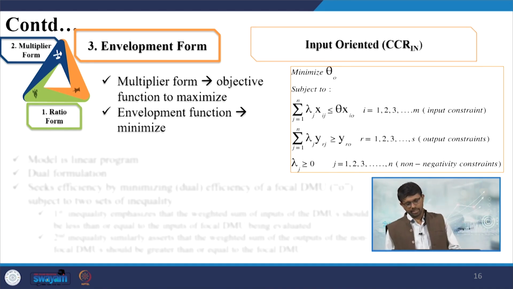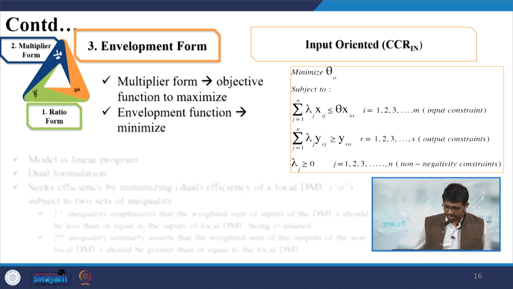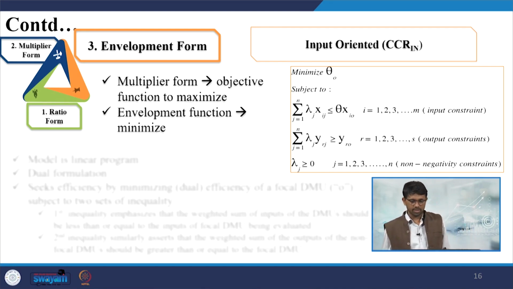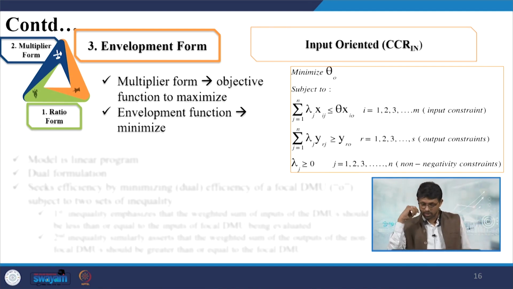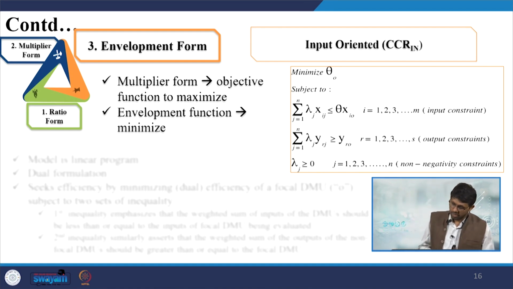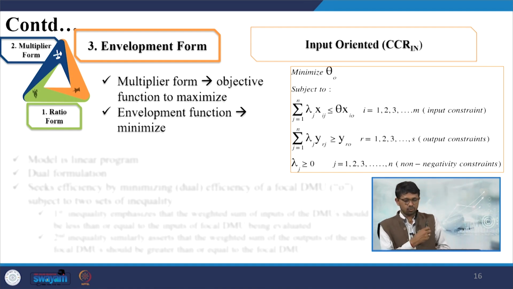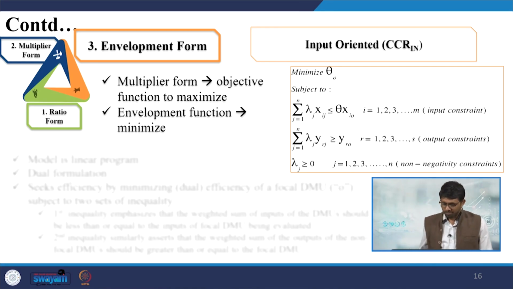And here the constraints are, out of the m input constraints, the efficiency score times the mth input is the maximum score possible. So, lambda times x_ij should be less than or equal to theta times x_io.